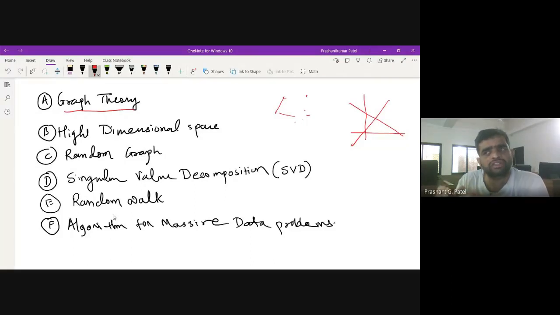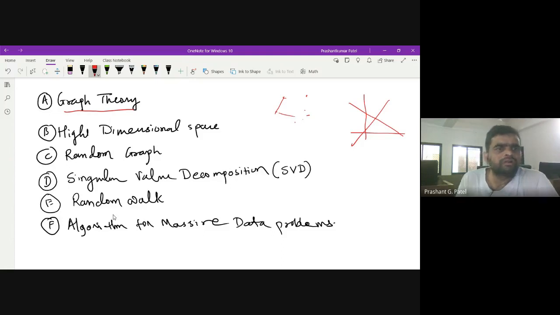But the basic concepts of graph theory include algorithms of connectedness, that means if a graph is given, what are the algorithms for connectedness, what are the algorithms to find the shortest paths, the minimum spanning tree. All these things we are going to study in graph theory.